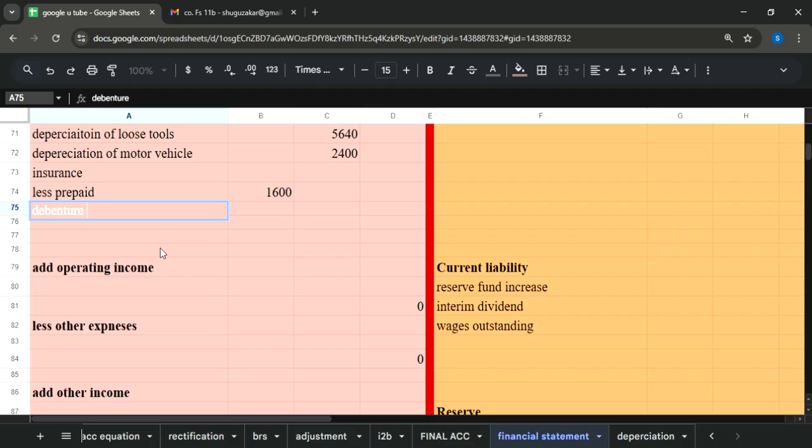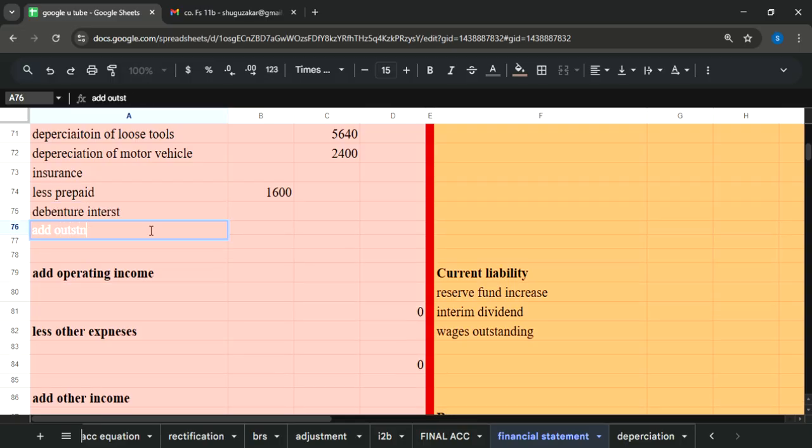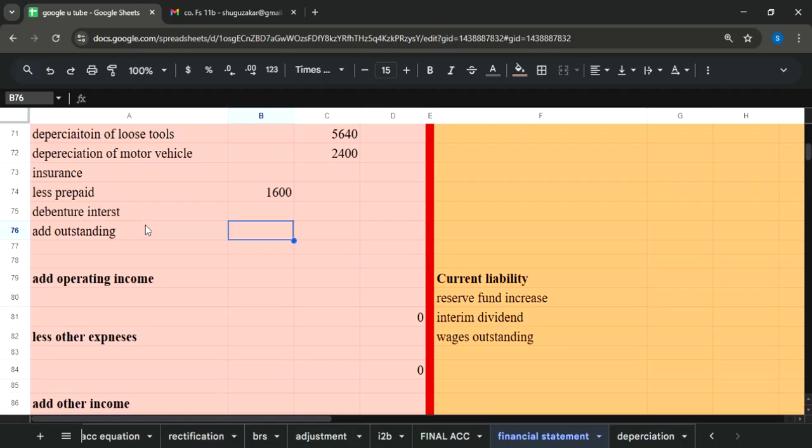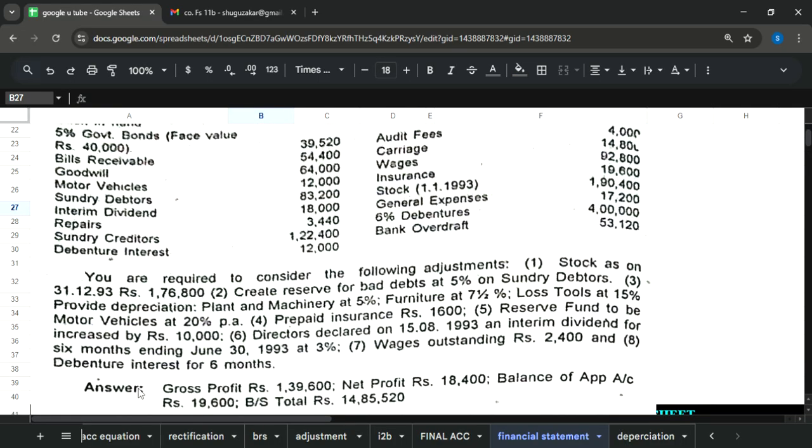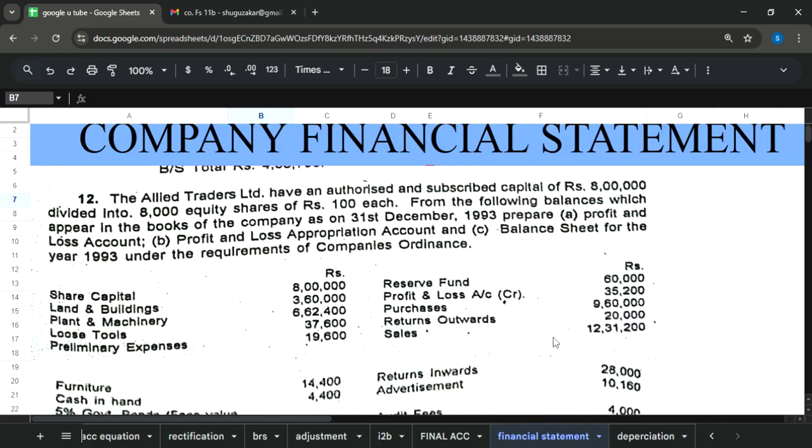So debenture interest, and we will see if there is outstanding, because it is mentioned that 6 months debenture interest is outstanding. It means guys, these adjustments except for number 8 are all completed. Now we can start our calculations or recording of these elements in the financial statement.